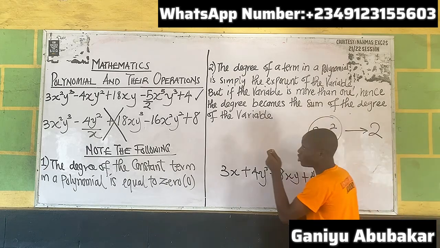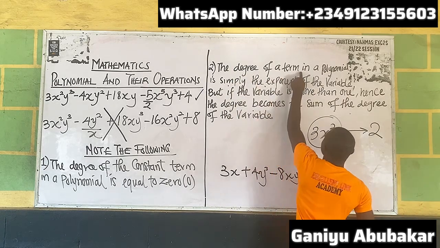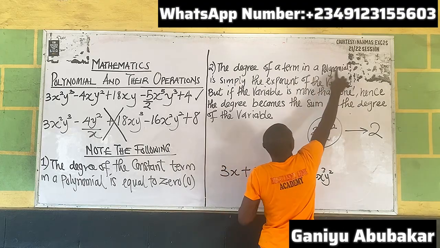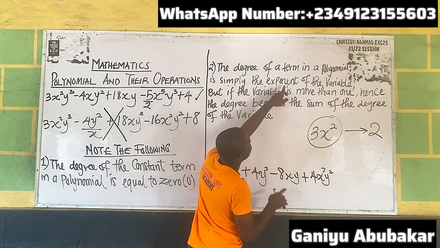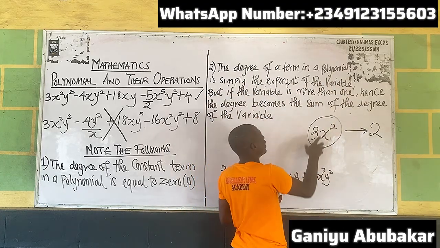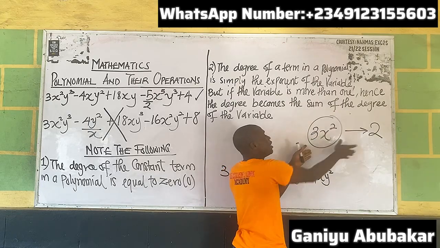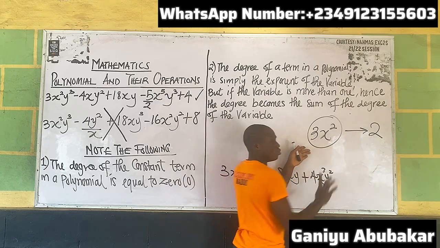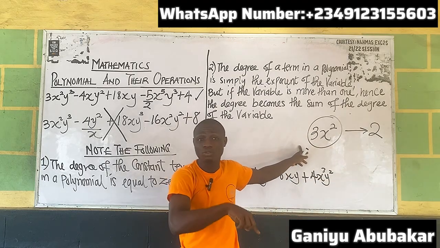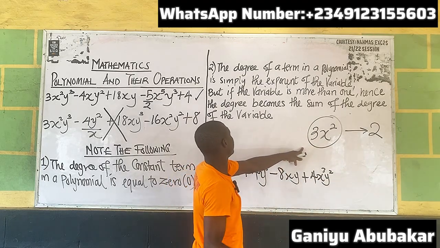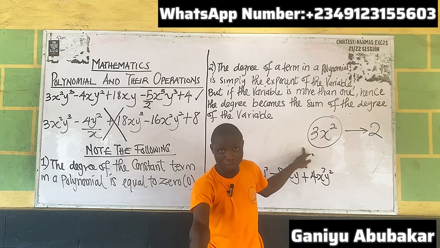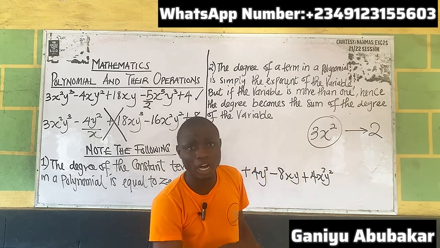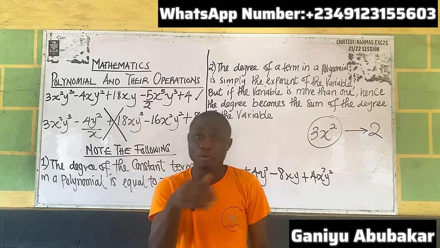The degree of a term in a polynomial is simply the exponent of the variable. This is how you spot out the degree of a term in a polynomial.